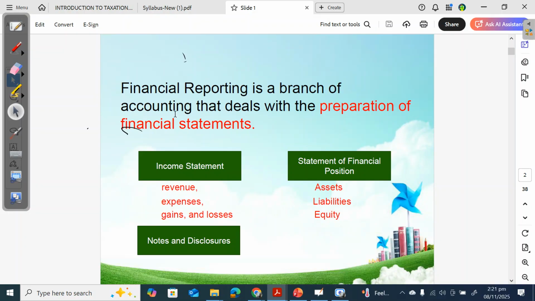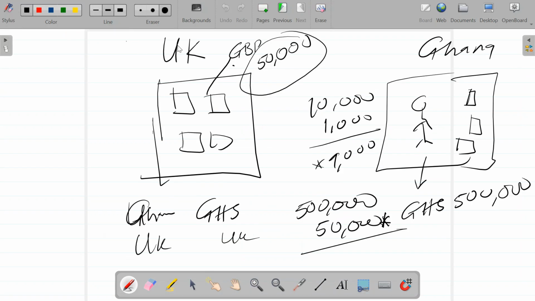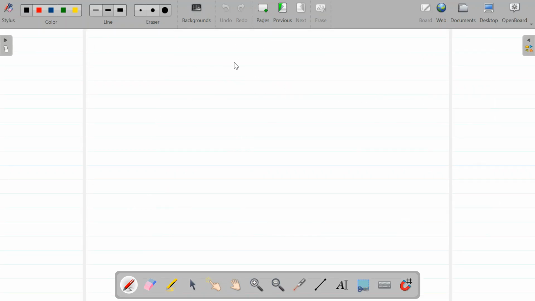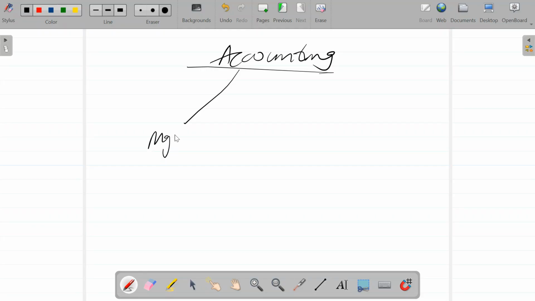Yeah, so financial report is a branch of accounting. Accounting has several branches. If you take accounting, we have management accounting, we have, what else? Taxation. They all fall under it.